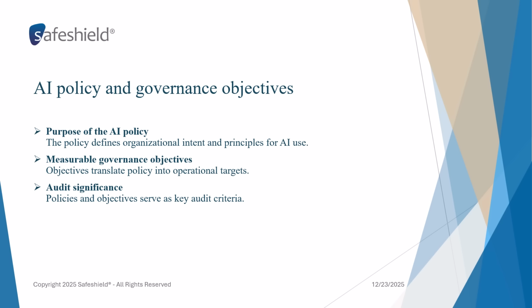If the organization relies on third-party AI services, objectives should address supplier governance and assurance activities. Auditors use the AI policy and objectives as key audit criteria. They will assess whether the policy is communicated, whether objectives are monitored, and whether decisions and controls reflect the policy's intent. Misalignment between policy statements and operational reality is a common audit finding.